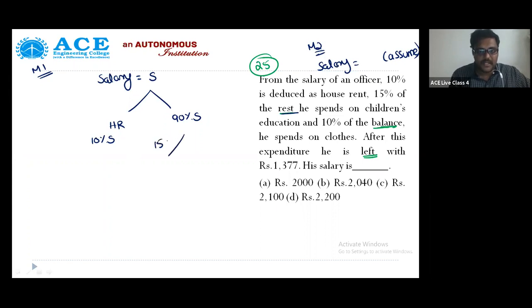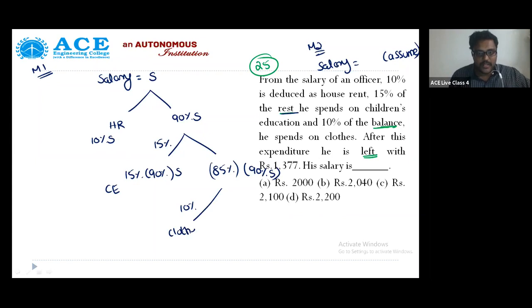So 15% of 90% of salary he spends on children's education. Remaining is 85% of 90% of salary. You have to understand why you got 85%. Then again, among this 10% he spends on clothes. What is available is 90% of 85% of 90% of salary is left. This is nothing but equal to 1,377.